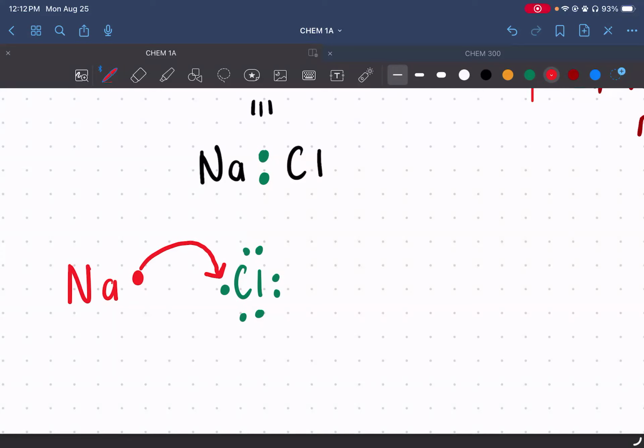How many electrons does chlorine need to look like a noble gas? 1. So sodium is giving up 1 electron. It looks like a noble gas. Chlorine is taking that 1 electron and looking like a noble gas. Overall, what we see here is that sodium chlorine bond that's comprised of both of those electrons.